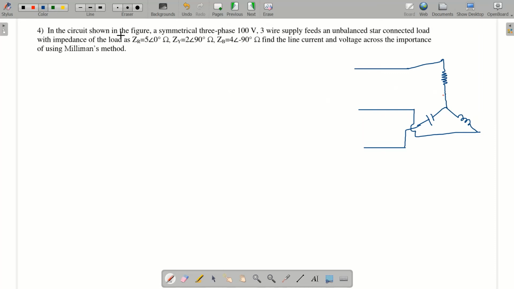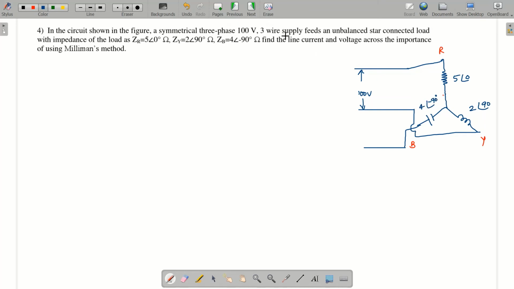In the circuit shown in the figure, a symmetrical 3-phase 100 volts 3-wire system feeds an unbalanced star connected load with impedance ZR equal to 5 at an angle of 0, in ZB 2 at an angle of 90 degrees, and in ZC 4 at an angle of minus 90 degrees.